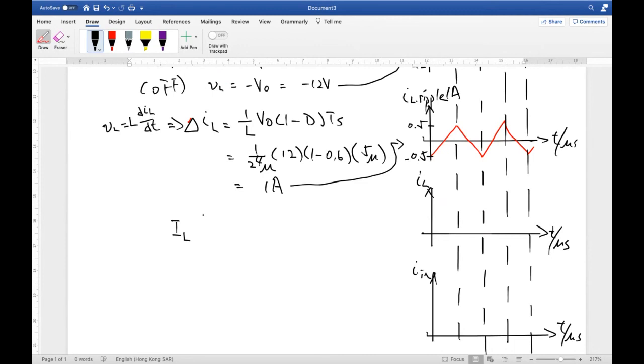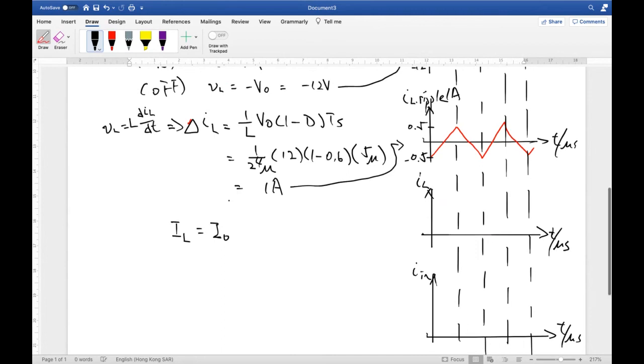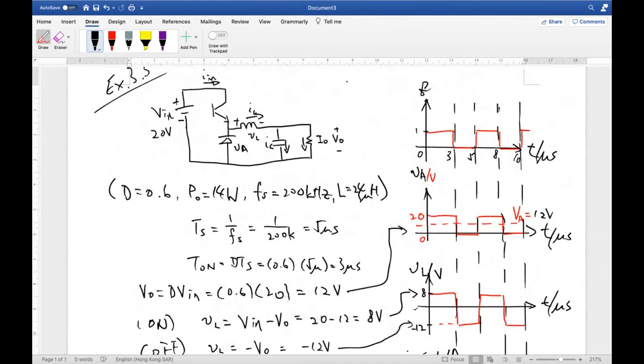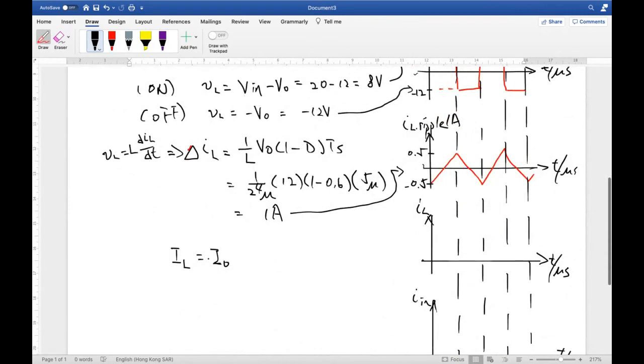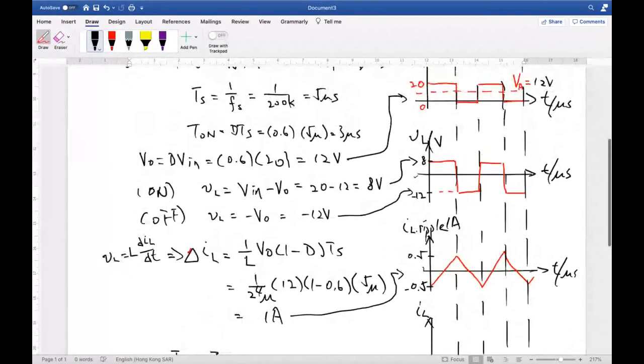But here, capital IL is equal to I naught. Do you still remember? It is because the average capacitor current should be equal to zero in the DC steady state. So that's why the average IL should be equal to I naught.